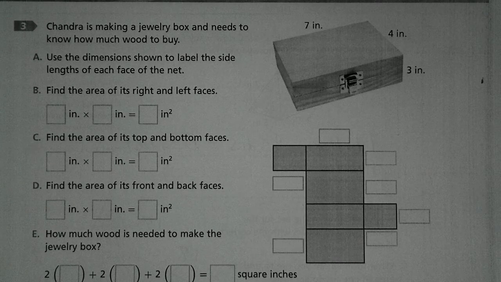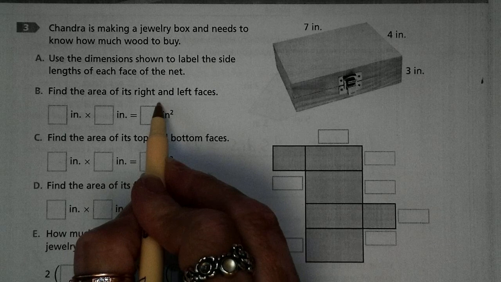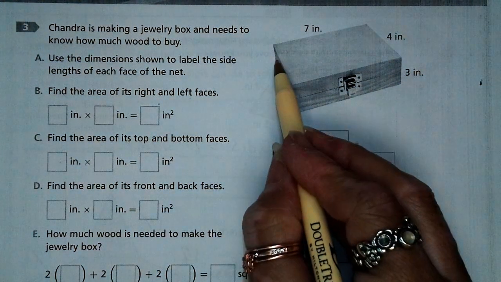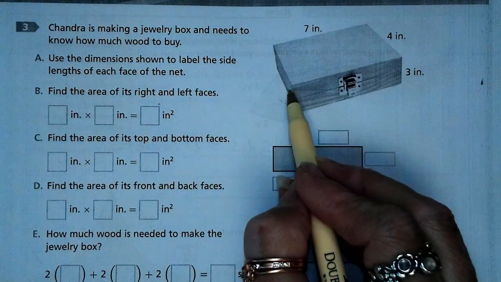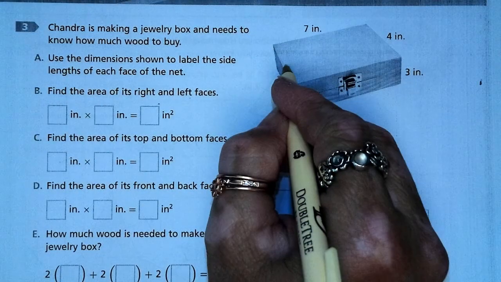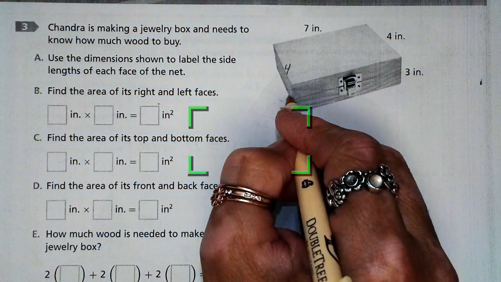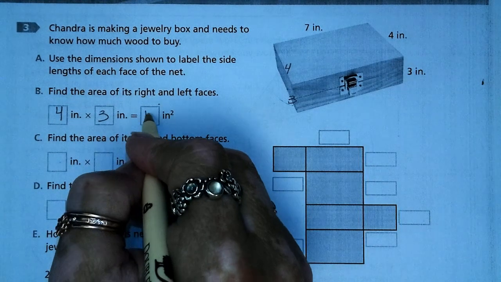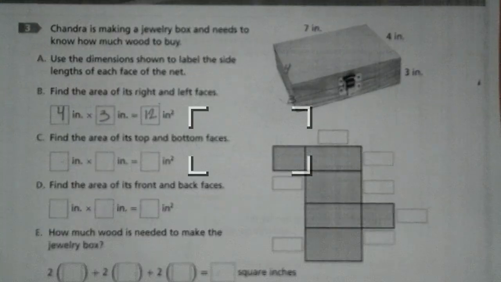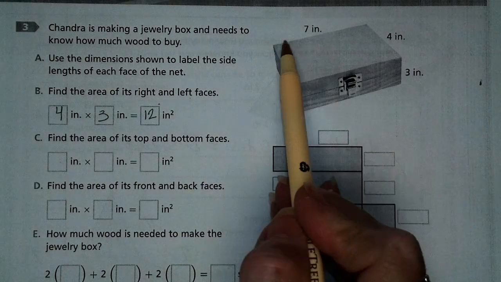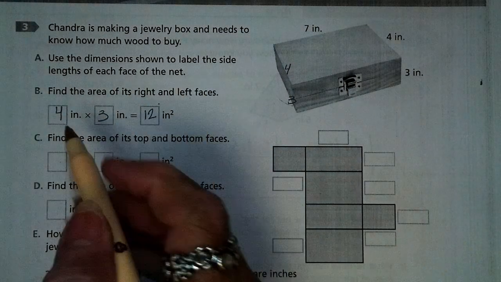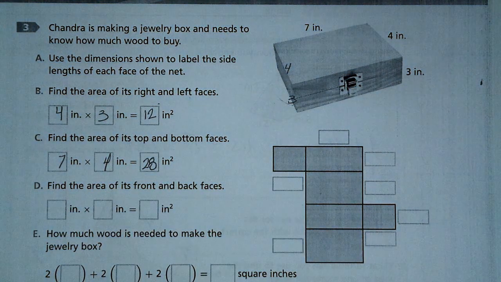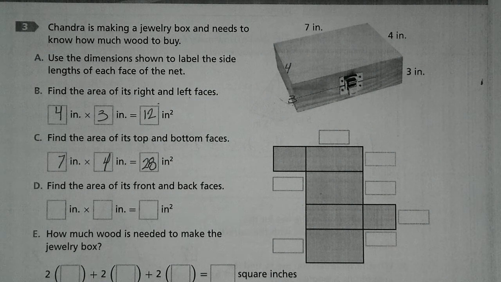Okay, so it says find the area of the right and left faces. So that's this right here. This piece right here. Okay? So that we know is a 4 by 3. So 4 times 3 is 12. The top is this one here, which is a 7 by 4, which we know is 28.